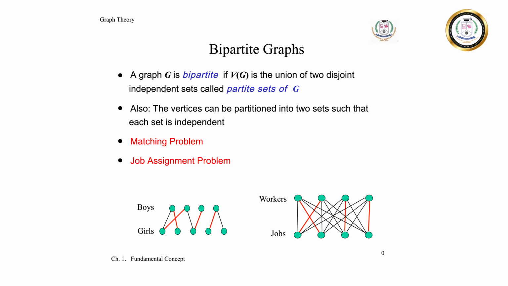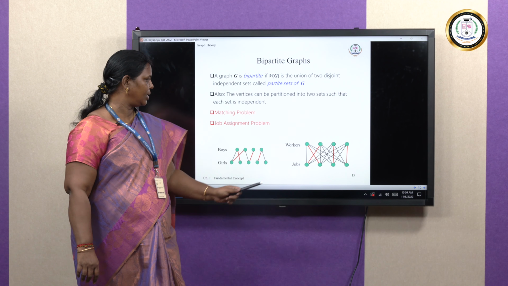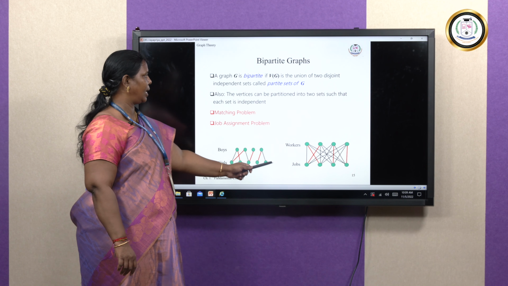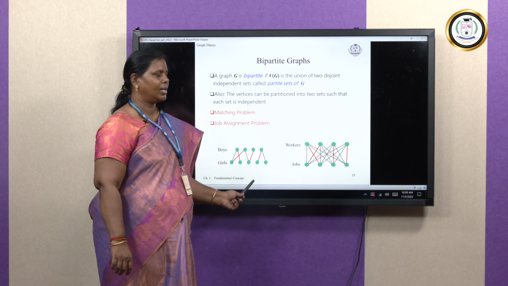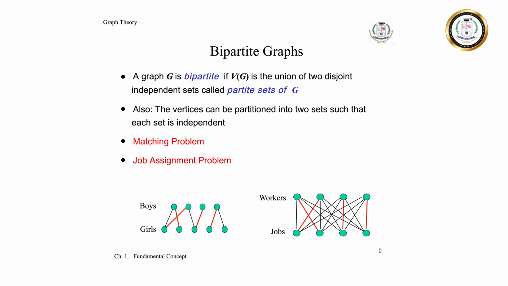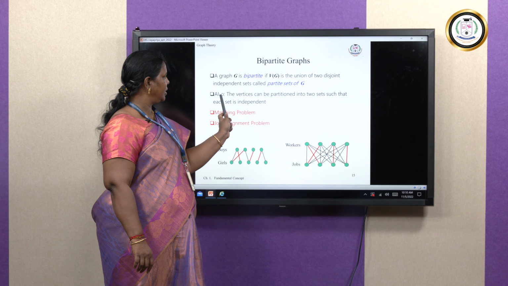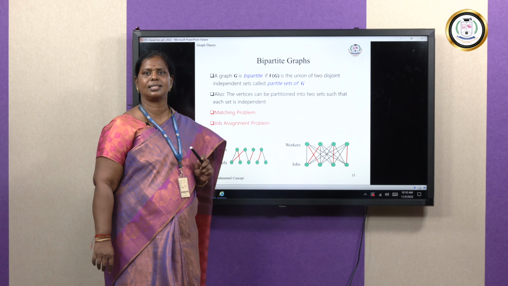Now, let us look at the concept of a bipartite graph. Here is an example of a bipartite graph. In this bipartite graph, we notice that the vertices of G can be partitioned into two subsets such that each is independent.